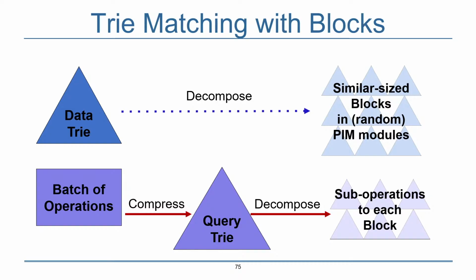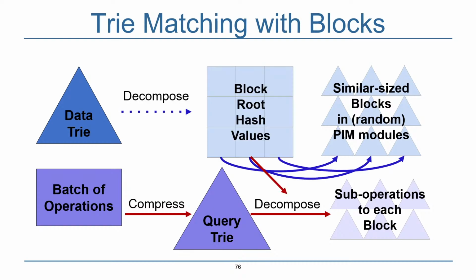That's the ideal case. But how can we do that? We'll have an example later. The idea is to use the block root hashes. For every one of these blocks, we have their root hashes, and we use these hash values to decompose this trie to ensure that the decomposition is exactly the same.